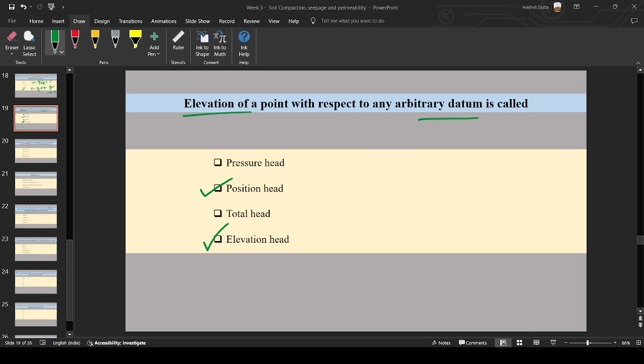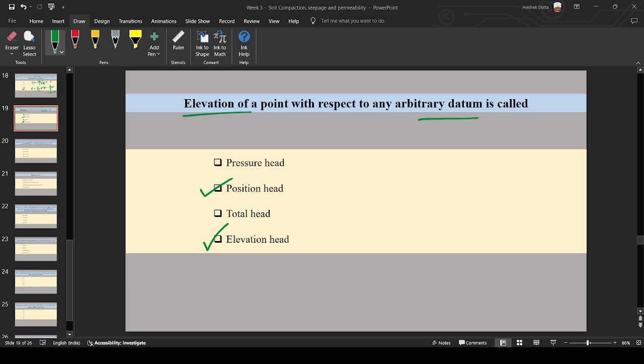Next question. In a flow net. Yes, in this flow net sum, it is very easy. You know the quantity of seepage, that is the discharge. That is an easy formula. Q equals KH NF by ND. K is given. What is H? Head loss, 3. What is NF? Number of flow paths, that is 4.